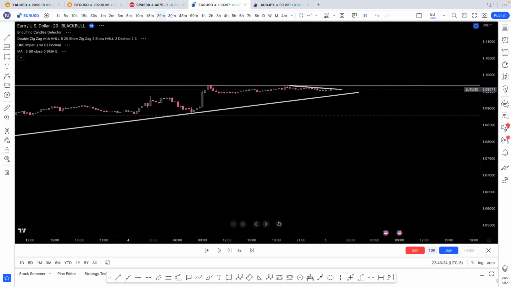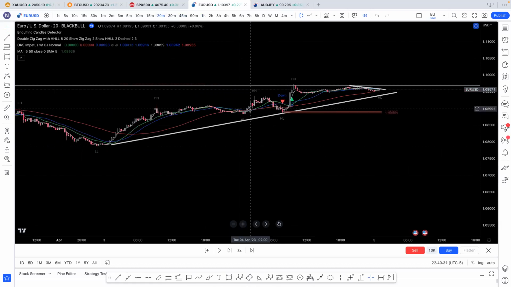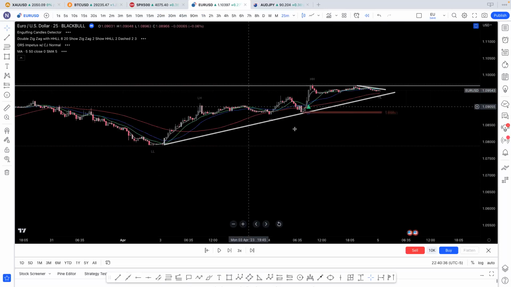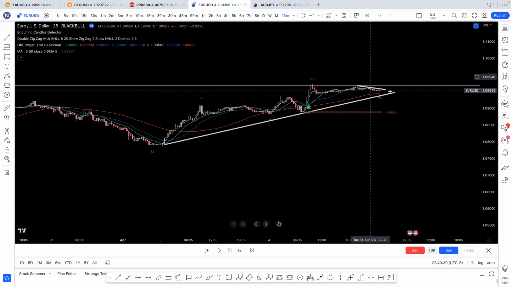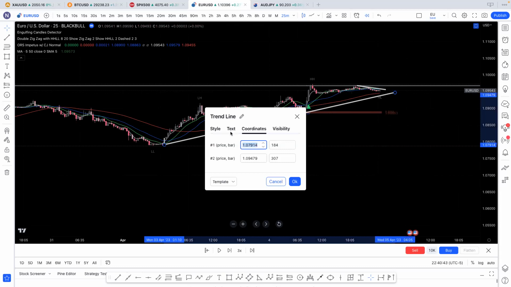Let me go down to 20. All right, so I've got a minor cross here. Let me try 25. All right, I'm happy with that. So this right here is going to make note.